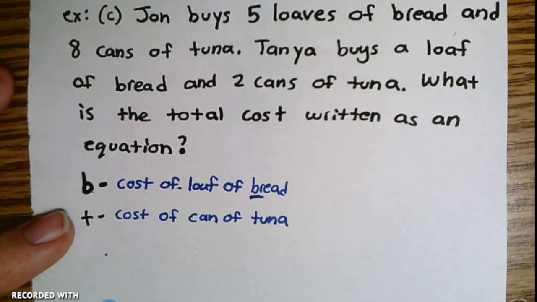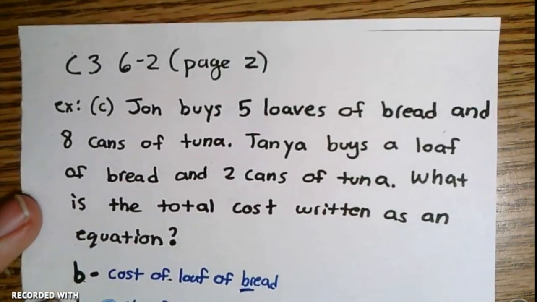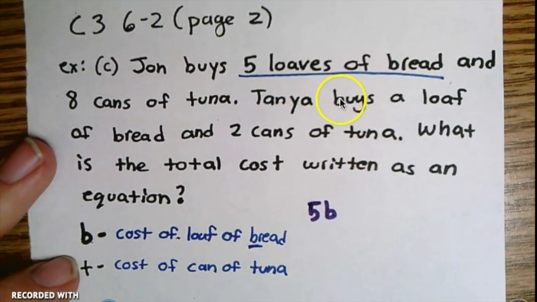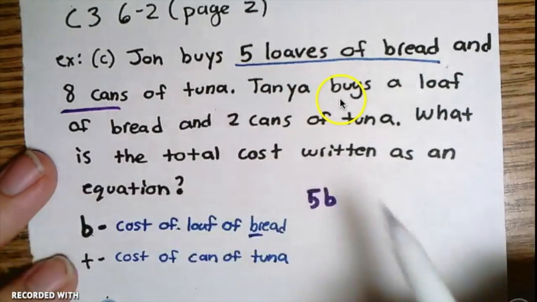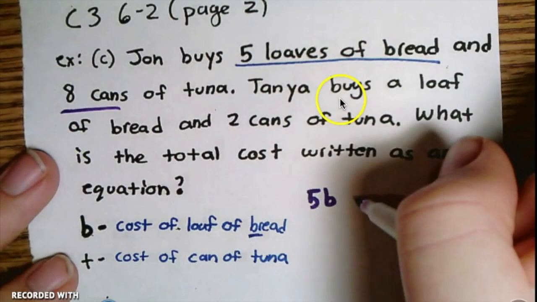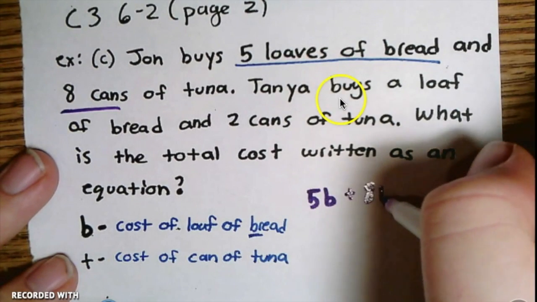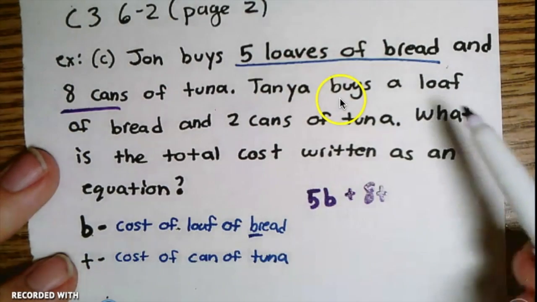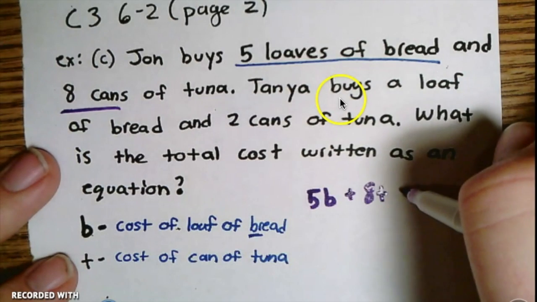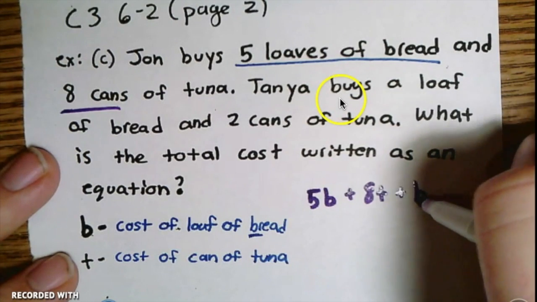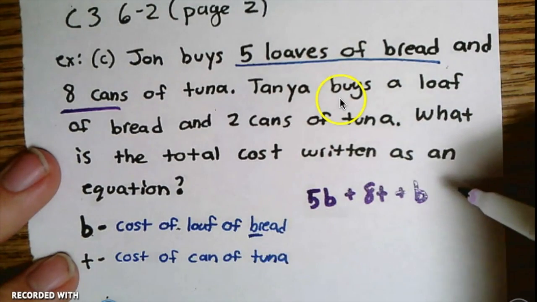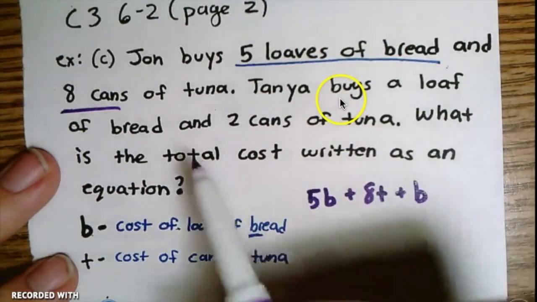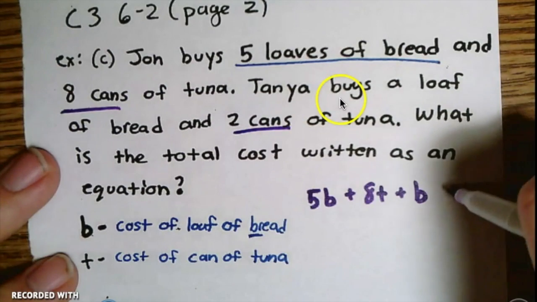Now let's reread our problem and figure out how to do it. So John buys 5 loaves of bread and 8 cans of tuna. So our 8 cans of tuna we're going to show as 8T. Tanya buys a loaf of bread, and I can just do B, I don't have to put a 1 in front of it, and 2 cans of tuna.